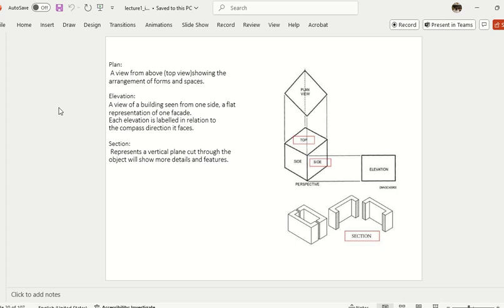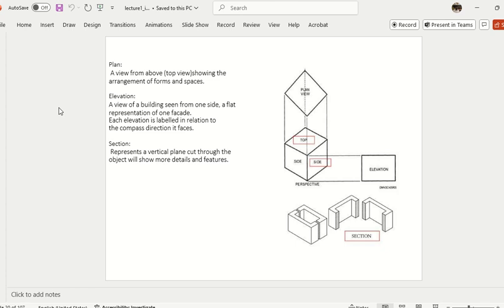I already discussed the first one, plan view. Last time we talked about plans. A plan view is made when you look at the object from the top. Then we have elevation. Elevation means height.